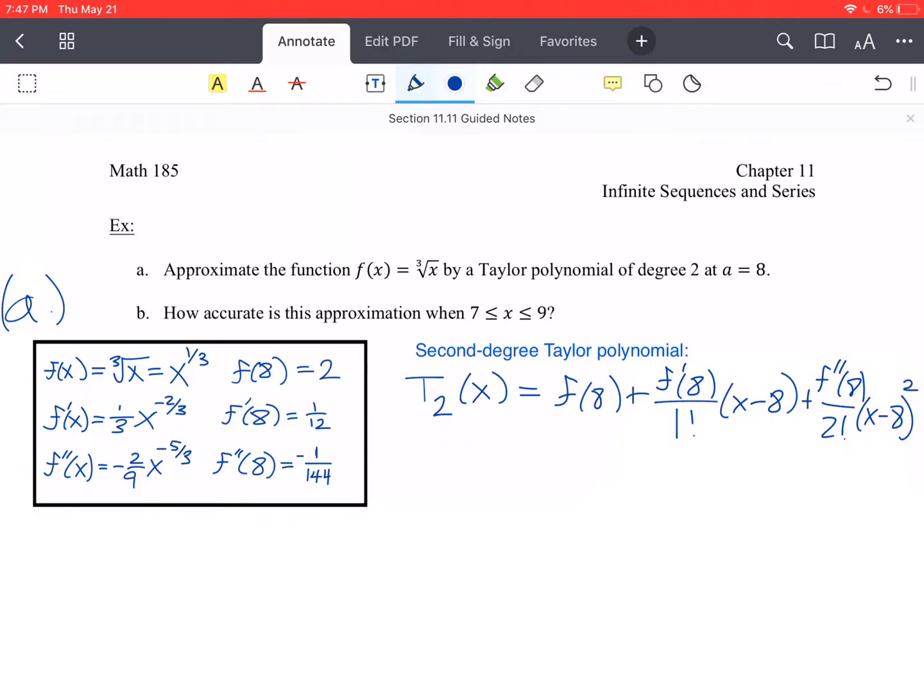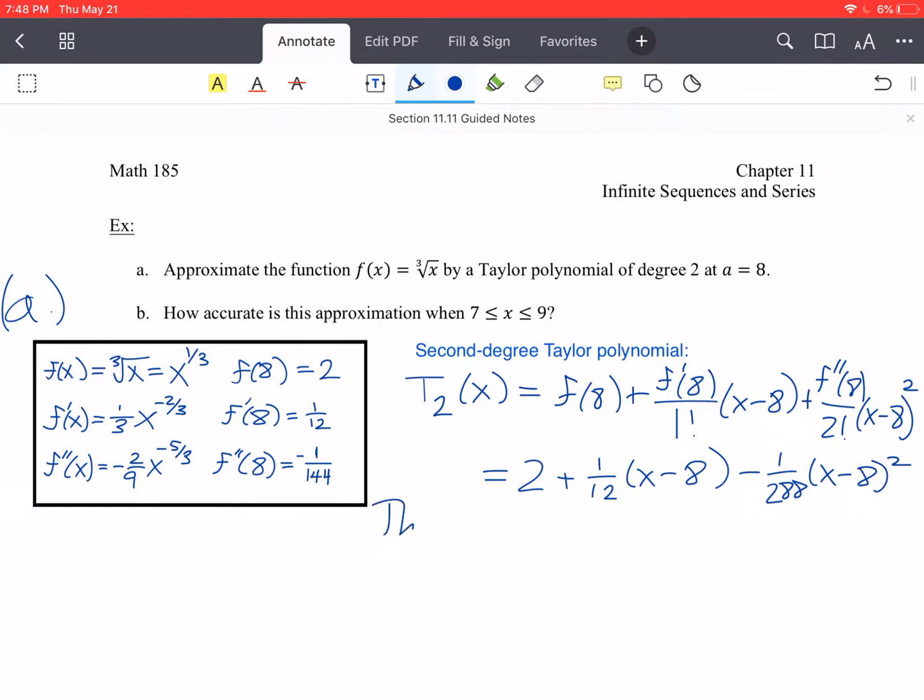Of course, if we were using a higher degree Taylor polynomial, we would have more terms here. But this is just going to be 2 plus 1/12 times x minus 8 minus 1 over 288, because of the 2 factorial there, times x minus 8 squared.